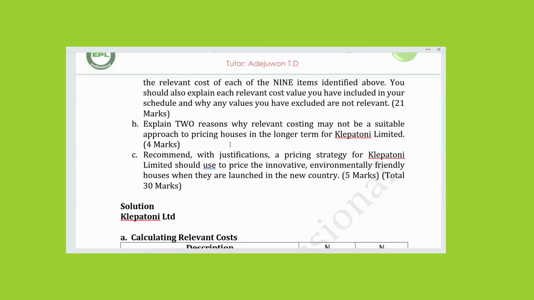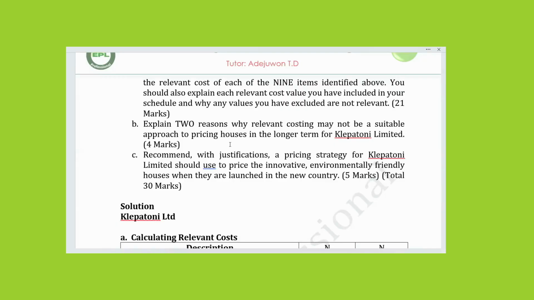Not only that, relevant costs will not be a good approach to price their houses, because the company will not be able to make sufficient profits to enhance shareholders' equity value. The primary purpose of any business organization is to make profits.